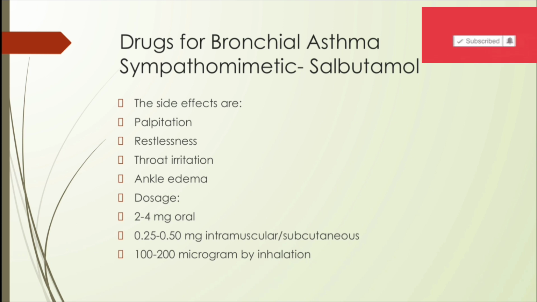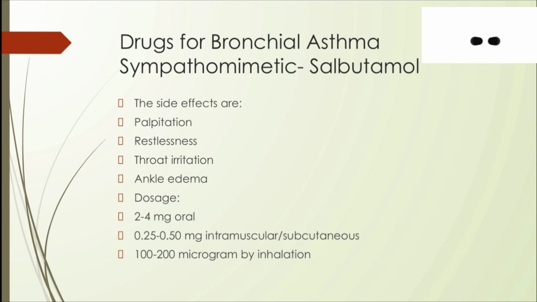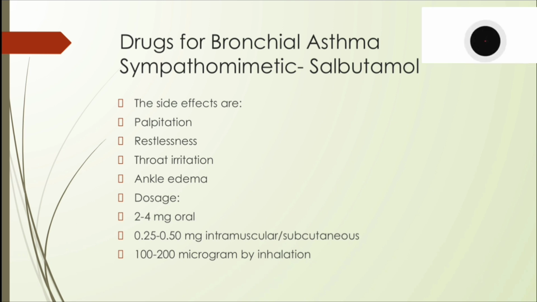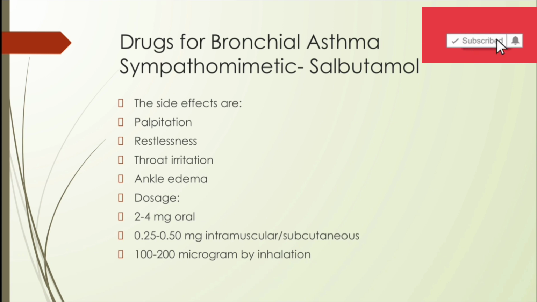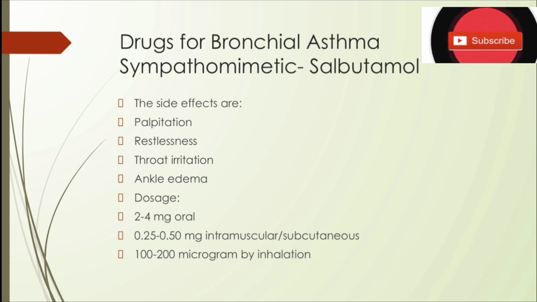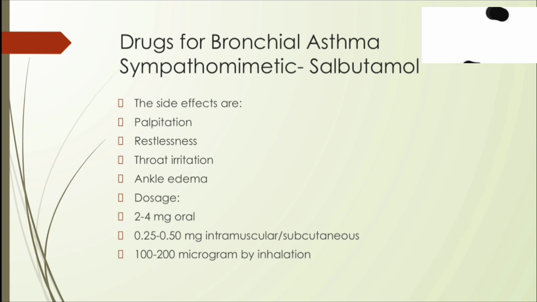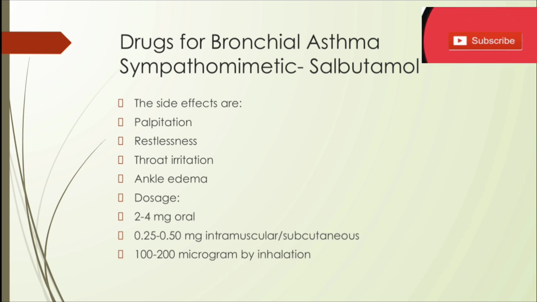But oral salbutamol acts as a 4 to 6 hour dosage form, which is considered longer acting and even safer than isoprenaline, but similar in efficacy. Because of more frequent side effects, oral beta 2 agonist therapy is reserved for patients who cannot correctly use inhalers, or as an alternative or adjunct in severe asthma.